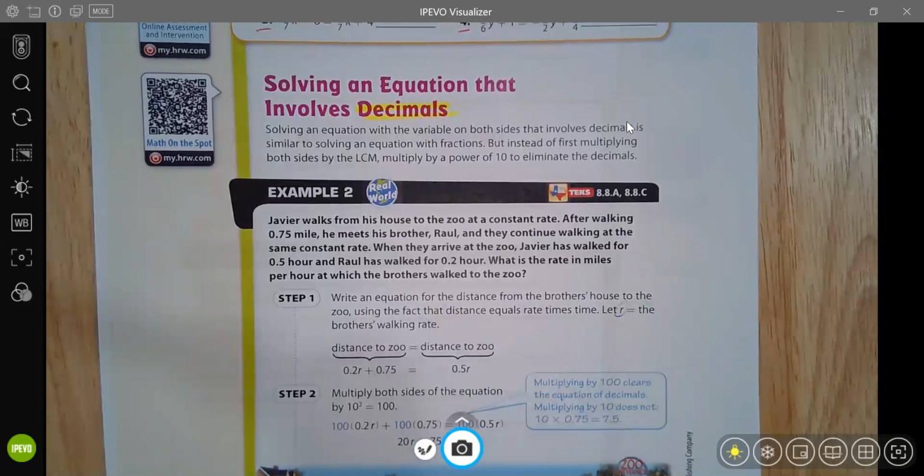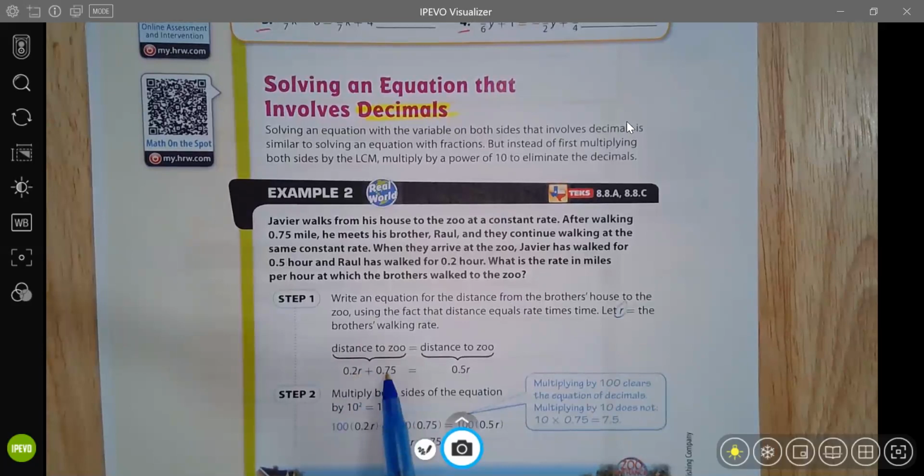Now, like we talked about yesterday when we took down notes, for variables, X and Y are probably the most common that we use. But for this particular one, they're using the letter R to show us the brother's walking rate. So here we have distance to zoo, and I have 2/10 R plus 0 plus 75 hundredths.